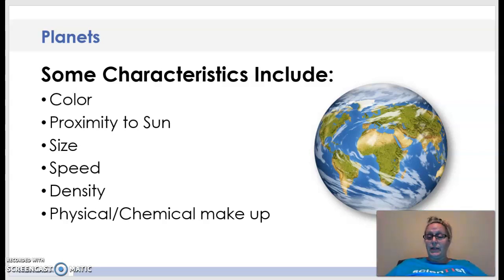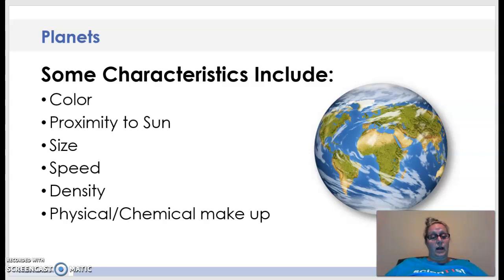The proximity to the sun, which means how close is it to the sun or how far away is it from the sun. Its size, each has its own specific size. Some are similar, some are larger, some are smaller. The speed, we're talking about the speed at which it takes to revolve around the sun and rotate on its axis.